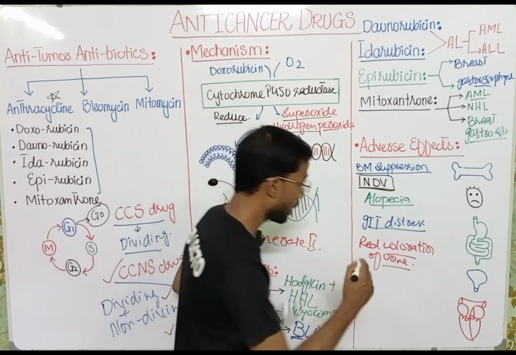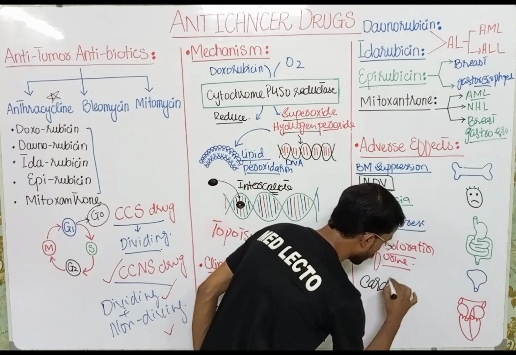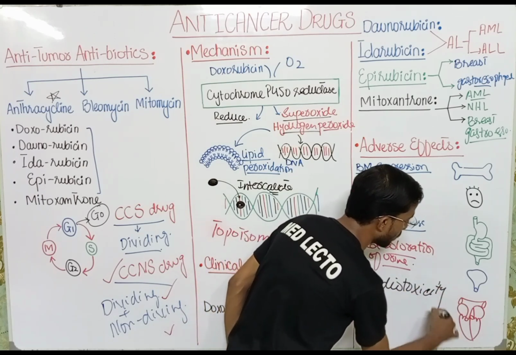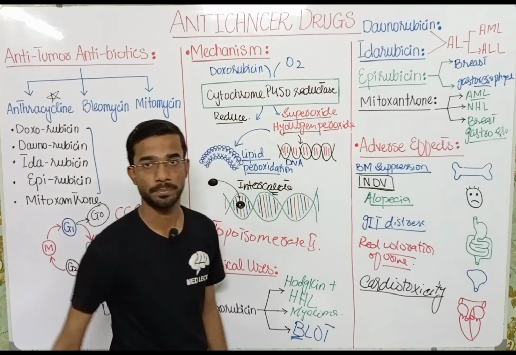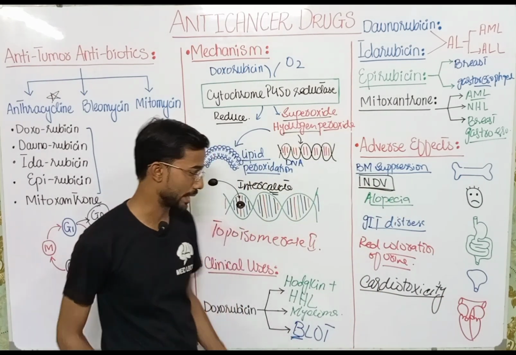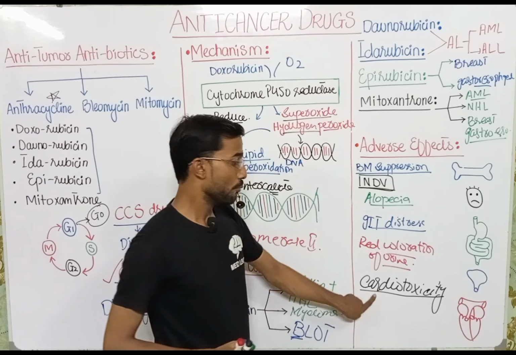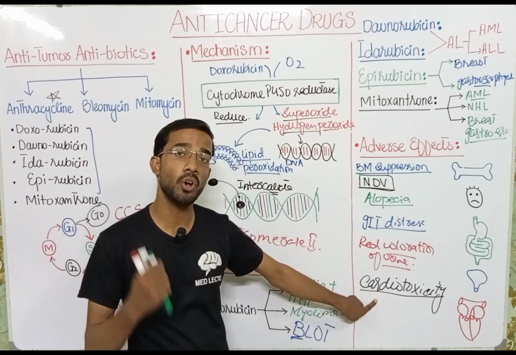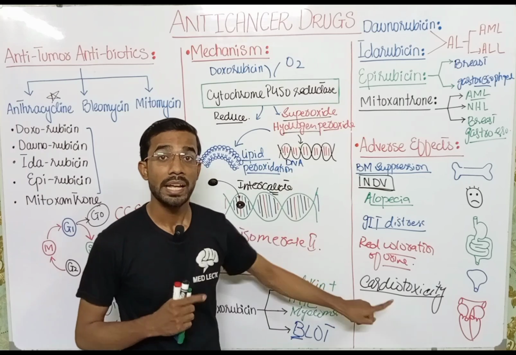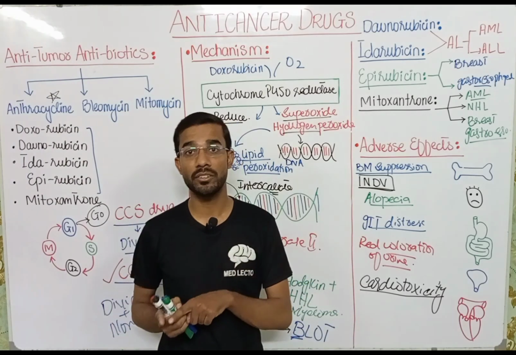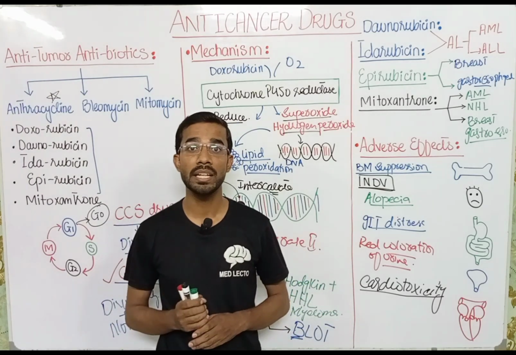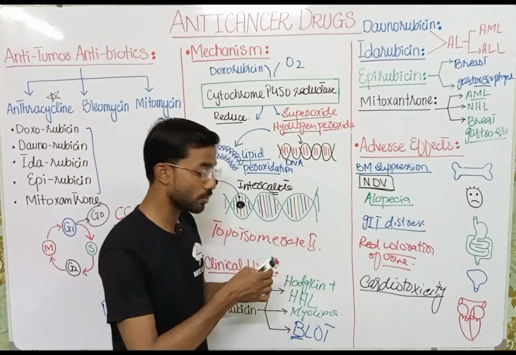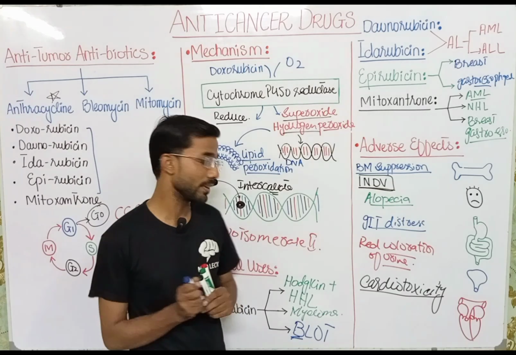So cardiotoxicity is the most common adverse effect of the anthracyclines. When someone takes doxorubicin, it is contraindicated to take trastuzumab along with doxorubicin, because you will see cross reactivity.